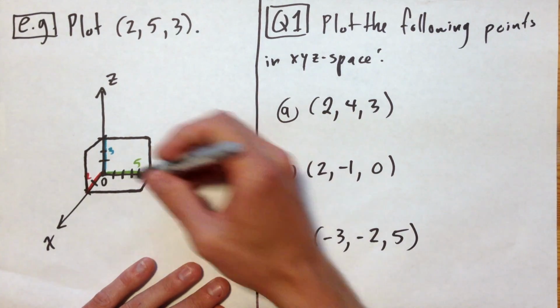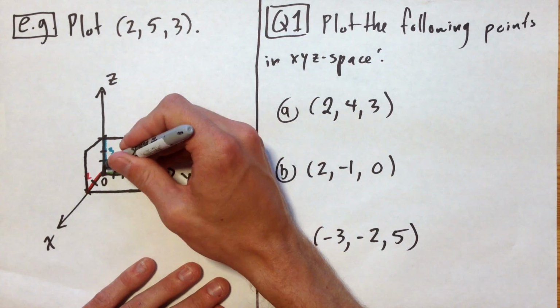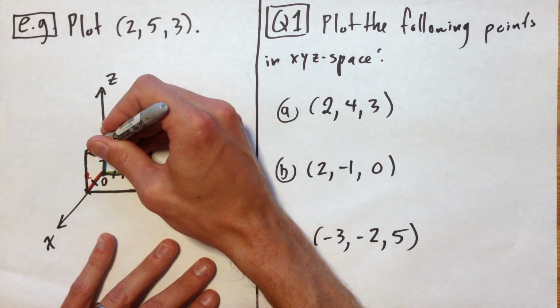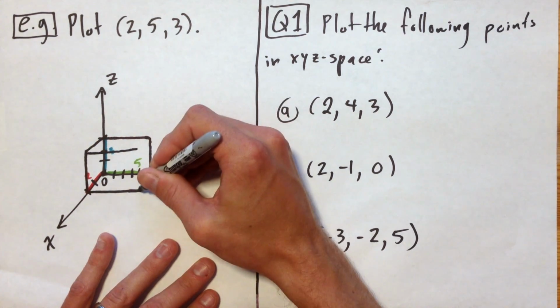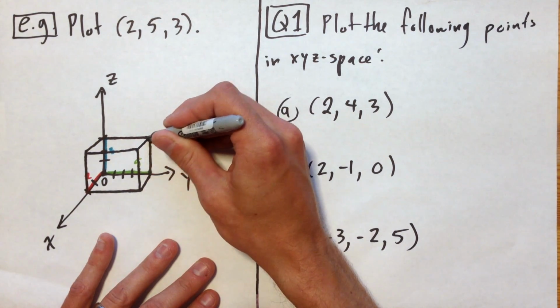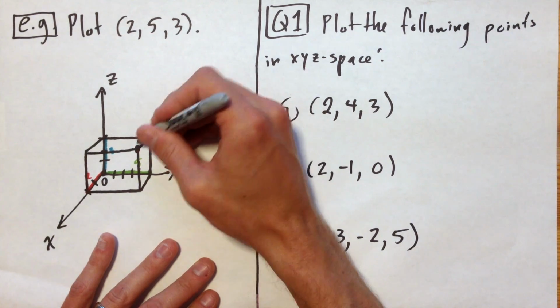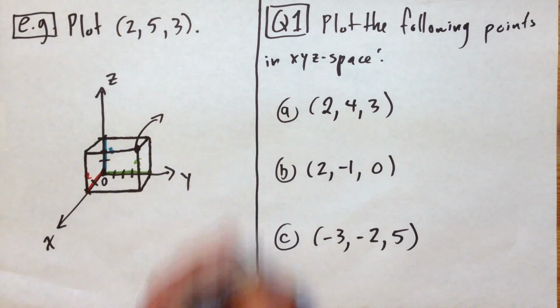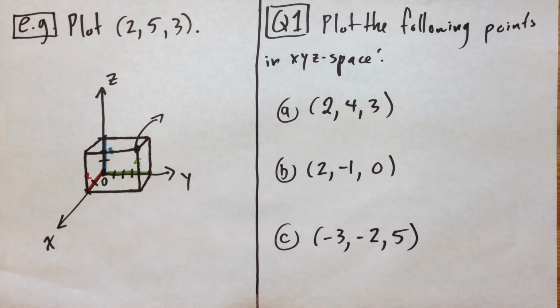And finally, these three rectangles, which meet at right angles at the origin, determine a rectangular box. And this point that's opposite from the origin is exactly what we're looking at.